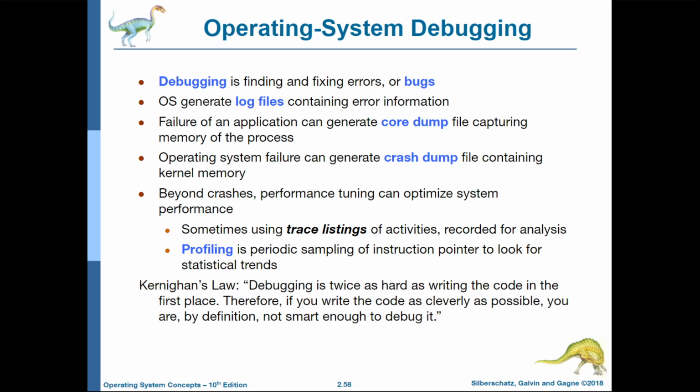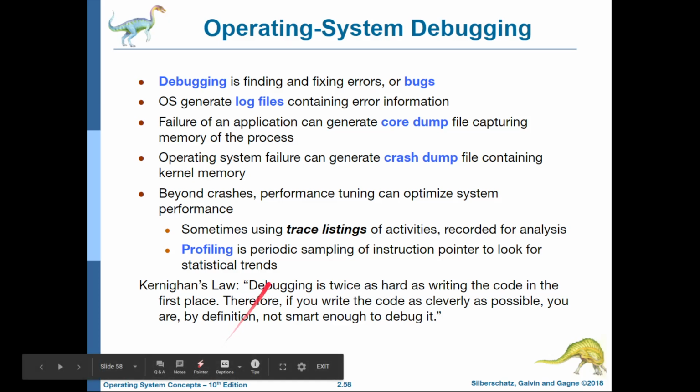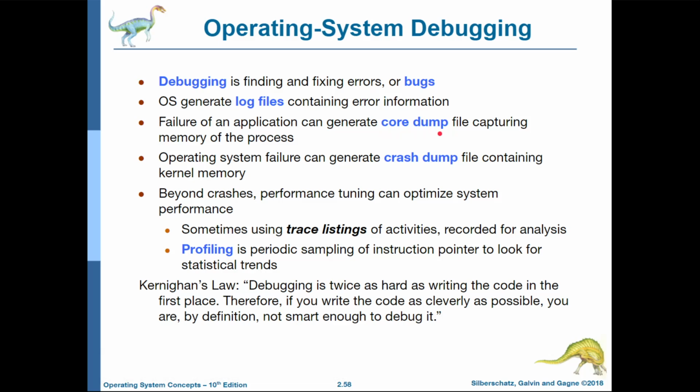Now, sometimes a kernel log isn't enough. Sometimes you need more information. Well, another option is to gather information from a kernel that has died. This is similar to an application crash. When an application dies, it can generate something called a core dump.